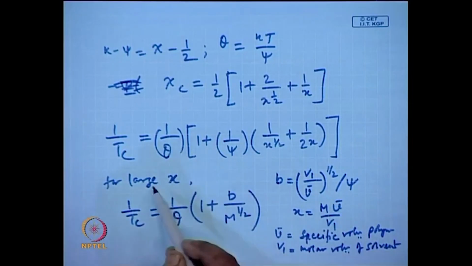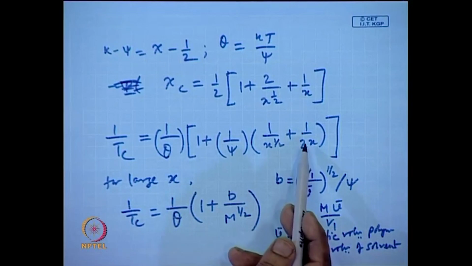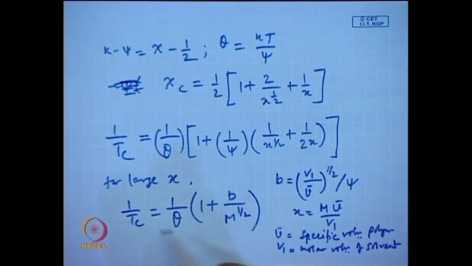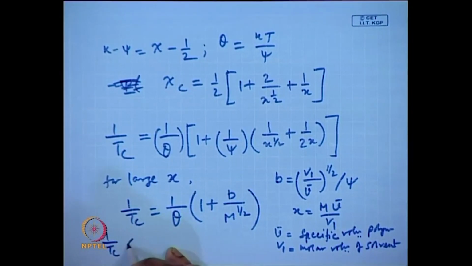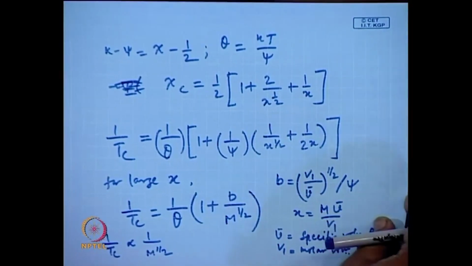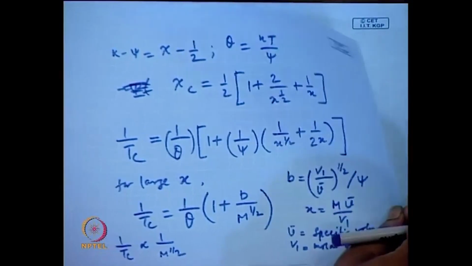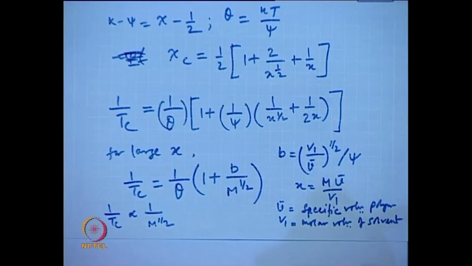So, for large x we can ignore this term. So, we can write this. Okay. So, which means that 1 by T c is proportional to 1 by m to the power half. That means, the critical temperature is again like the critical composition.